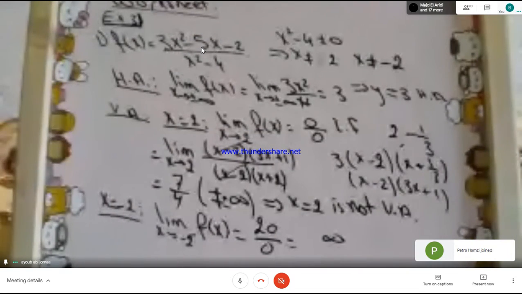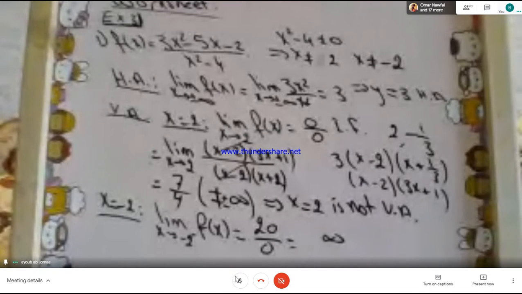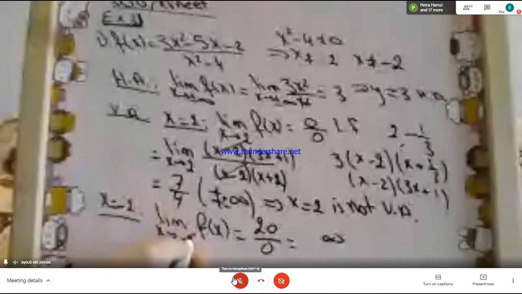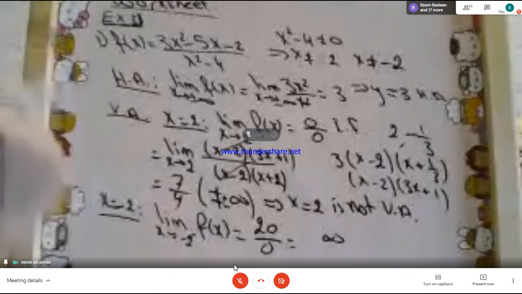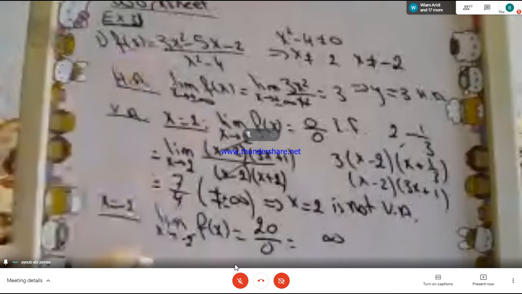Right. Now to continue. Number over 0 is infinity. To determine the sign, here we are going to use negative 2 minus or negative 2 plus. Negative 2 minus: I choose a number slightly less than negative 2, take negative 2.1 and replace only in the denominator.